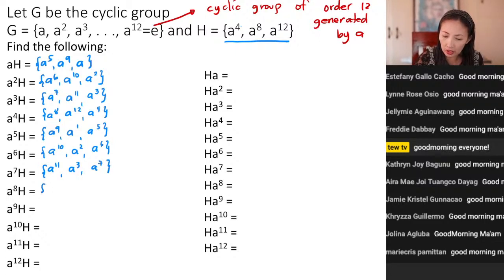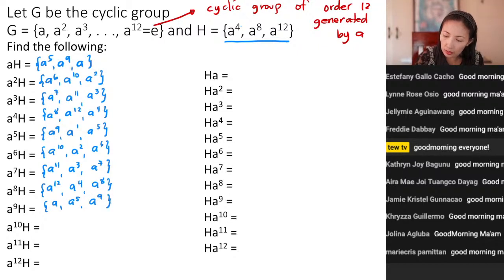A raised to 8 H will be A to the 12th power, A to the 4th, A to the 8th. Next, A raised to 9 H will give us A to the 13, which goes back to A, and then A to the 5th power, A raised to 9.